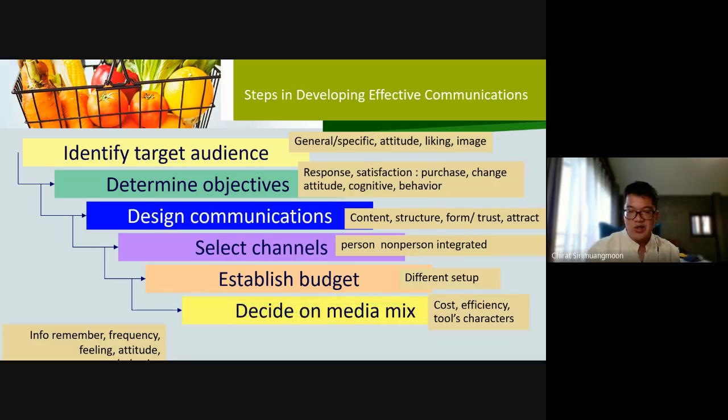Last one, no, not last yet. Before the last one, after that, you need to decide on the media mix. So sometimes you need to apply more than one media. So you need to think about the cost, the efficiency of the tools that you select, and the two characteristics. So it's linked to what I just talked about, selecting the channel.